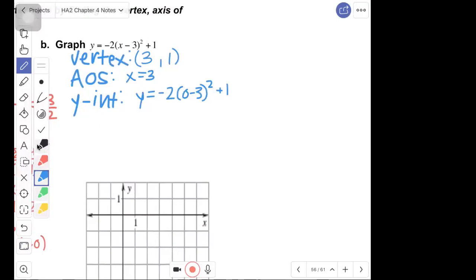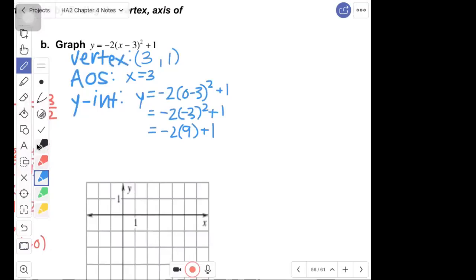When we set x equal to 0 for our y-intercept, Julia, what did you end up getting? Did you get -19? I don't know if I messed up somewhere. I think you are close.